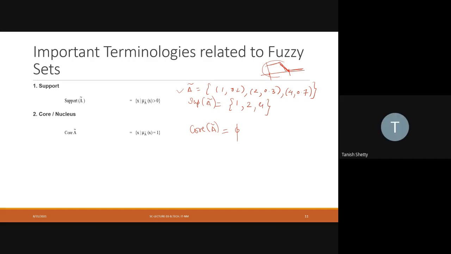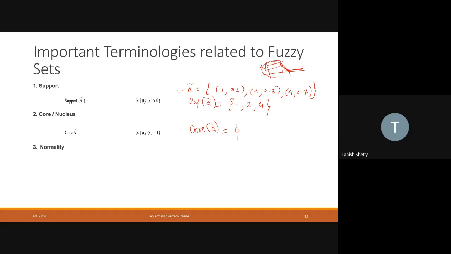Ma'am, are you talking about the small function that you drew over there to explain? No. See, this one has membership 1. So for this particular graph that I've drawn, this will be the core. But for the fuzzy set A, there is no element with membership 1. So the core is empty. Core is an empty set. It's a null set.